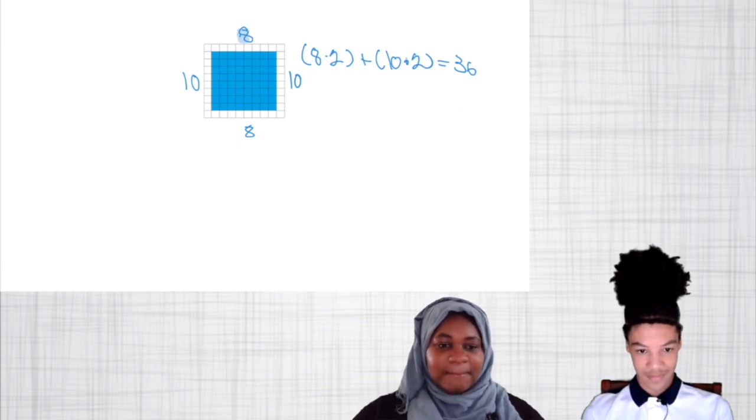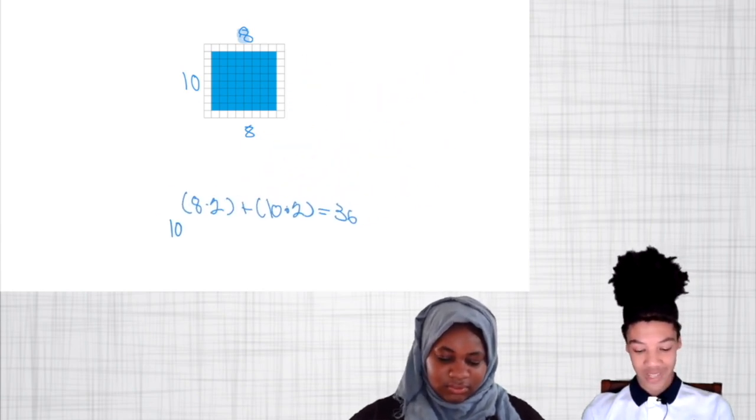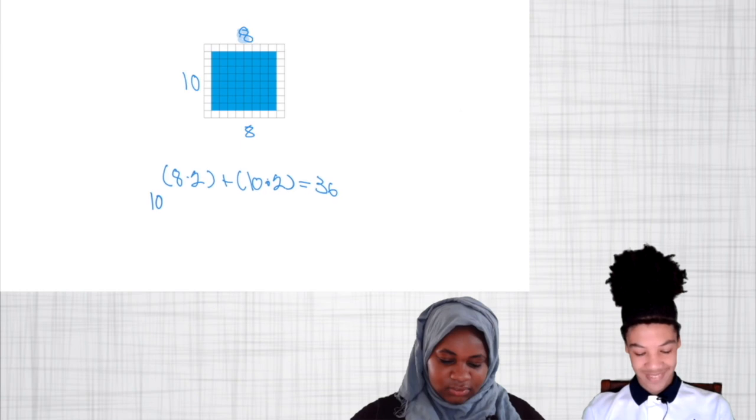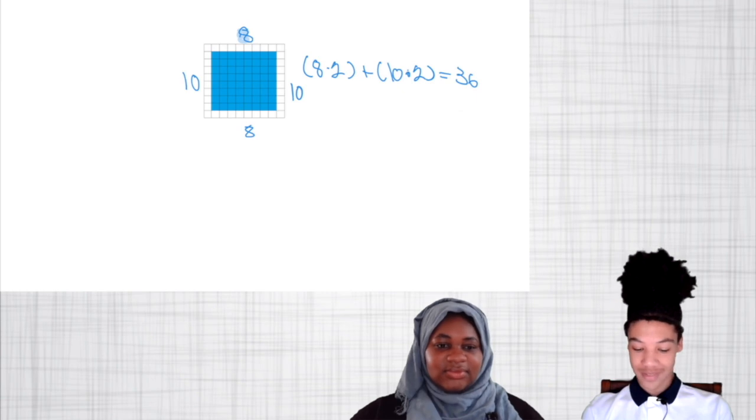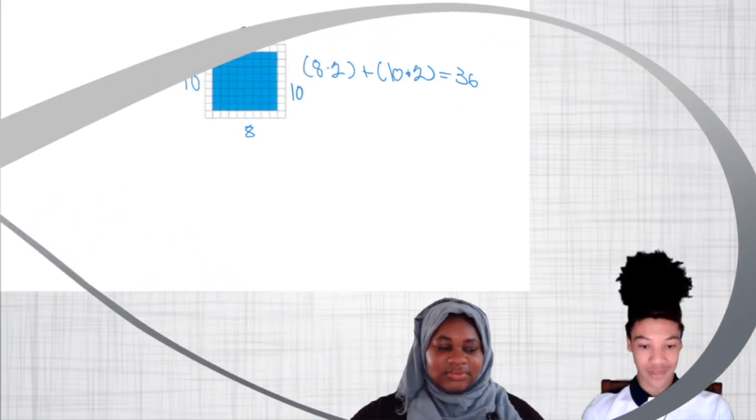And ET, what do you think of that? Because there wasn't multiplication before, there was just addition. I think she made the problem way easier. She did. Well, how so? She used multiplication to make less addition problems.